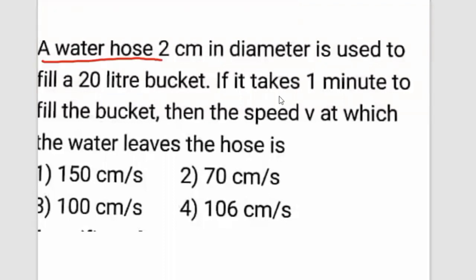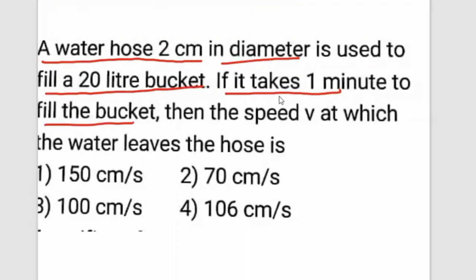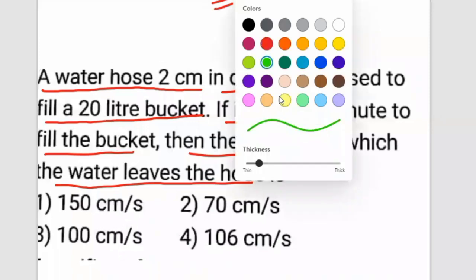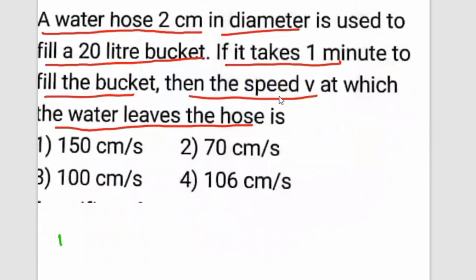The next question: a water hose 2 centimeter in diameter, a hose pipe, is used to fill a 20-liter bucket. If it takes 1 minute to fill the bucket, then the speed v at which the water leaves the hose is. So first, area is pi into r square, where r is d by 2.